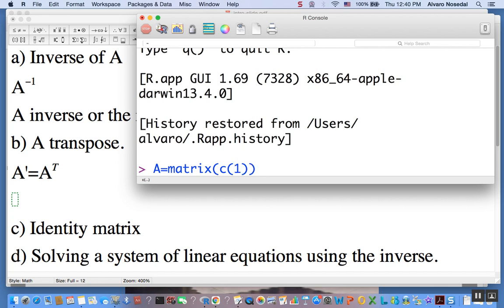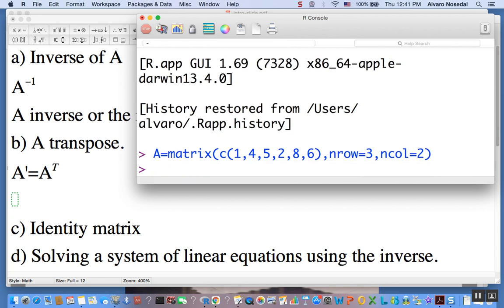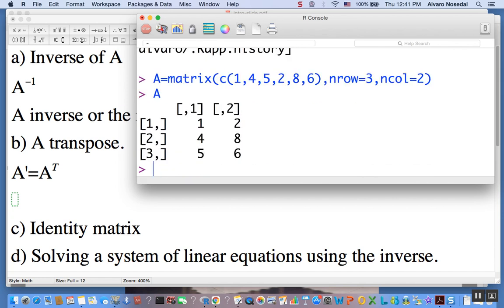How about the first column vector is 1, 4, 5, and the second column vector is 2, 8, and 6. I said that I would like to create a matrix with 3 rows and 2 columns. Let's see what it looks like. So it's a matrix formed by two column vectors, and each column vector has 3 elements in it.